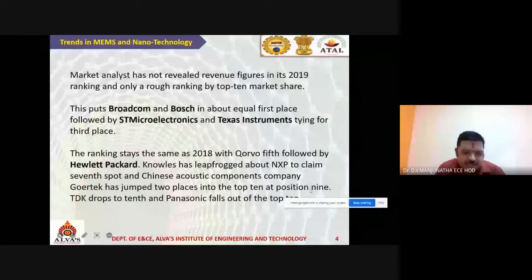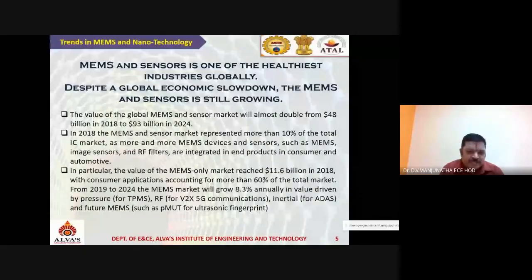If you Google also, you can get it. But still, it is my duty to introduce the trends of MEMS before going to the introduction of MEMS. So, Chinese components company Goertek joins, TDK drops to 10th, Panasonic falls out of the top 10. This is just statistics in MEMS I am giving.